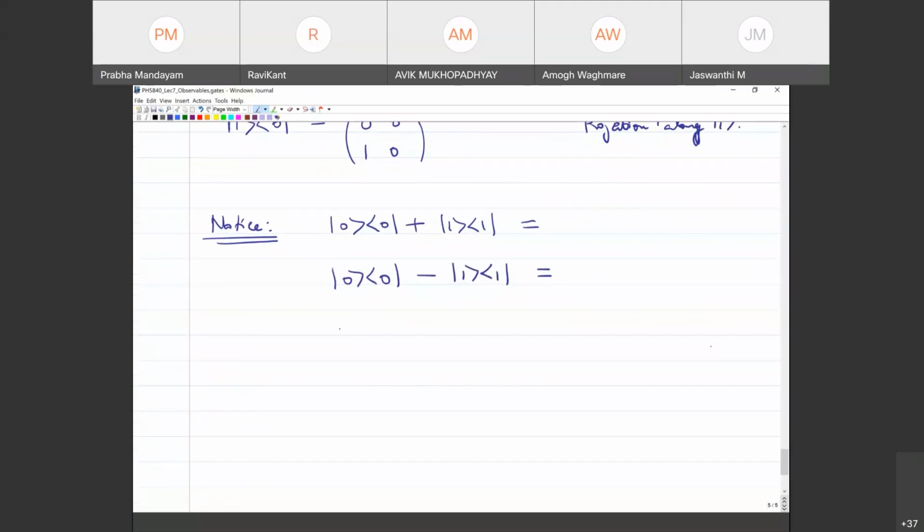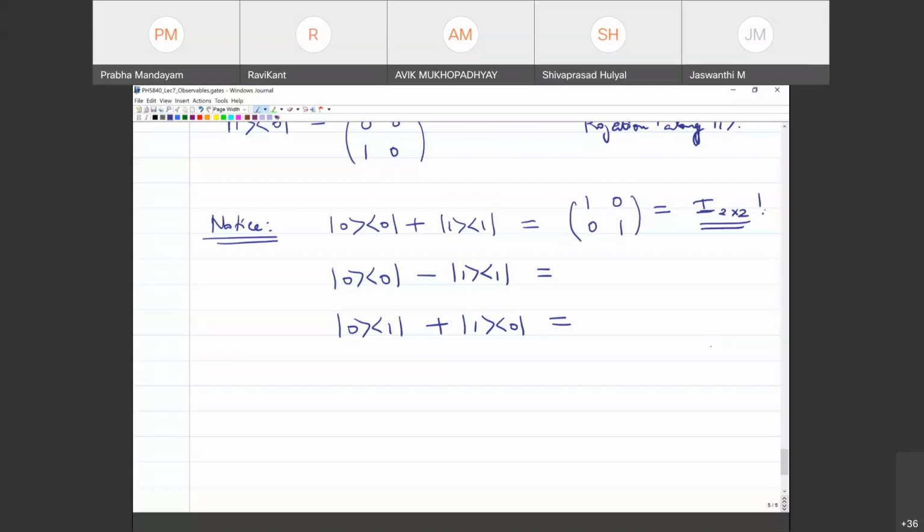If I take |0><1| plus |1><0|, what do I get? Yes, what's the first one? |0><0| plus |1><1|? Identity. Indeed. Can you just tell me the matrix? 1 0 0 1. And this is the 2 cross 2 identity matrix.